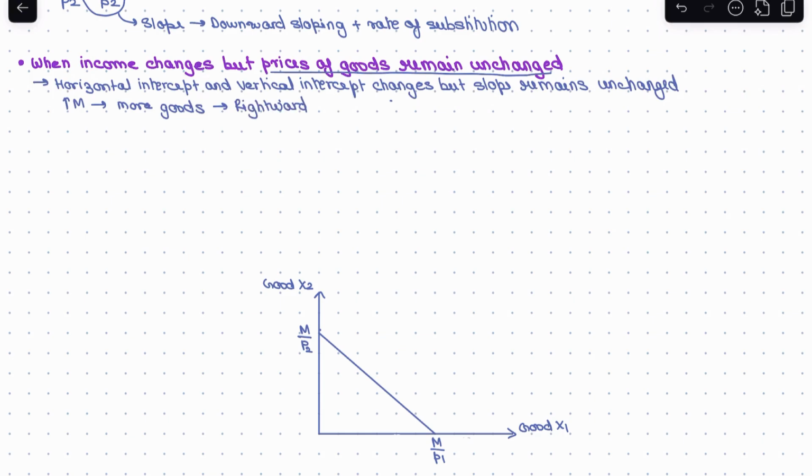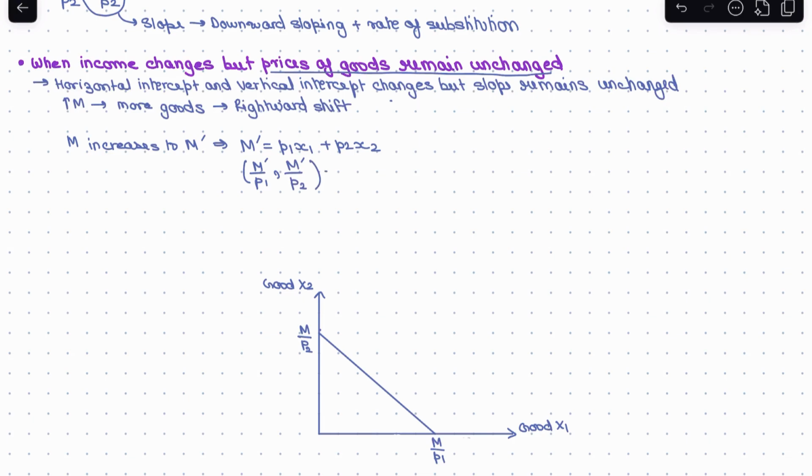Now let's see if that also happens mathematically. If income changes or increases from m to m dash, then our new budget line would be such that m dash is equal to p1 x1 plus p2 x2. And our new intercepts would therefore be equal to m dash by p1 and m dash by p2.